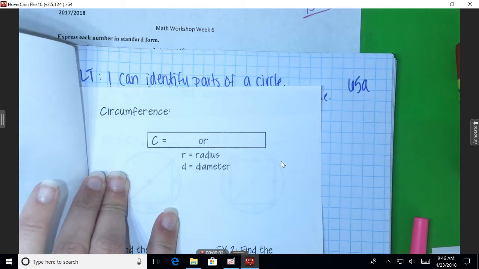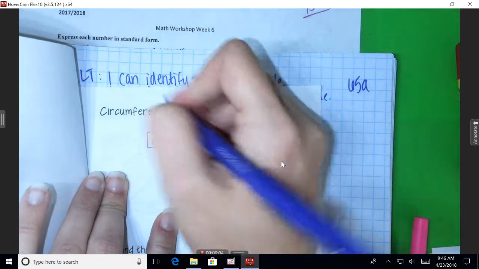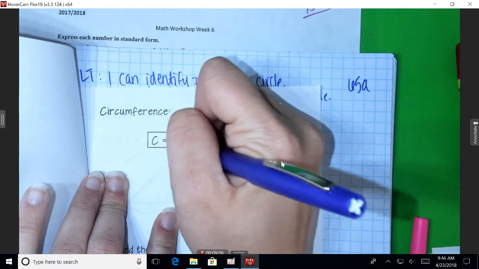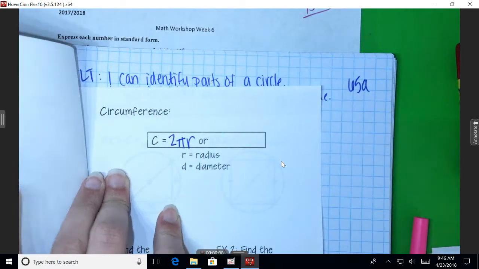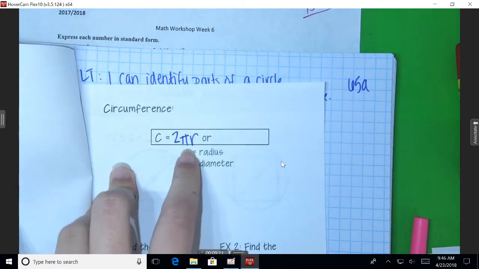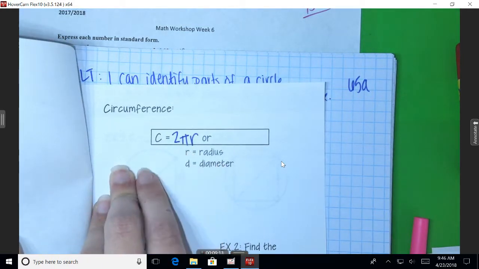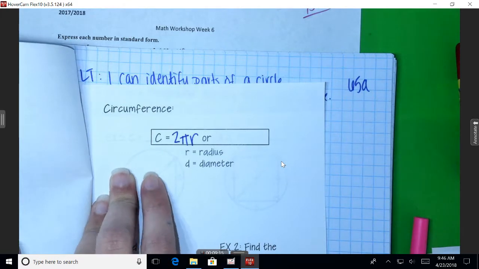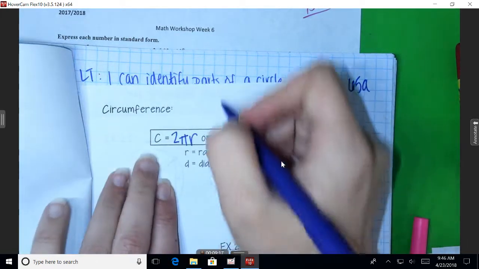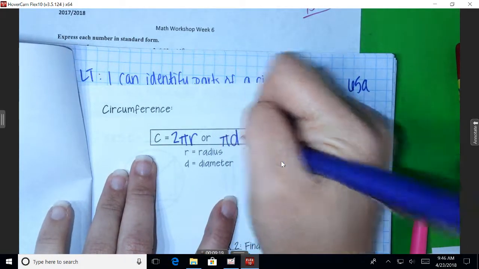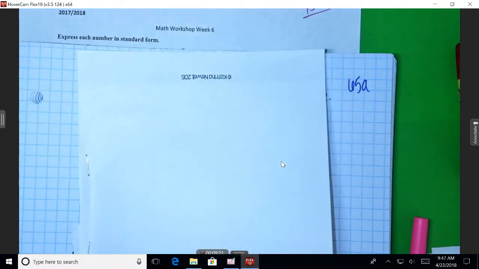We just said that's area. 2 pi r. And that's if you use the radius, or if I wanted to use the diameter, what could I use? Pi times diameter, because diameter is 2 times the radius.